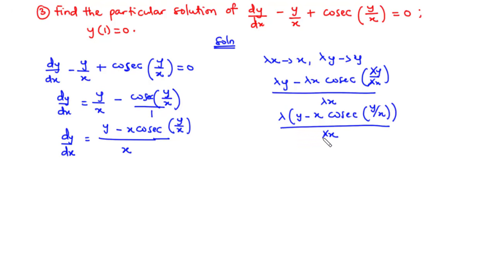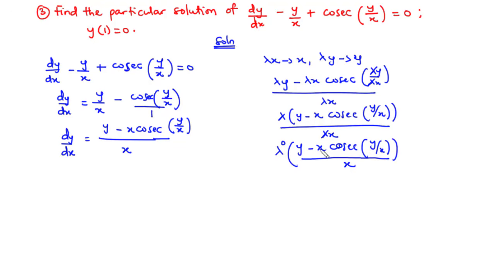So we cancel out lambda, so we can say that is equal to lambda exponent 0, and then we have this function again, which is y minus x cosec y over x, all divided by x.